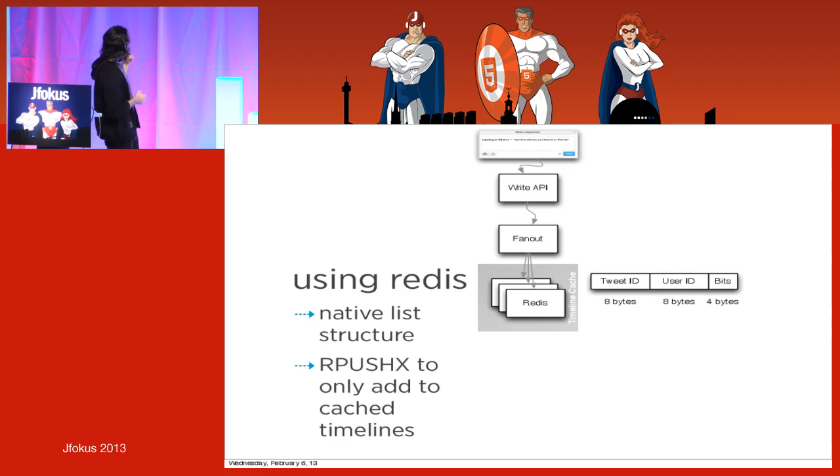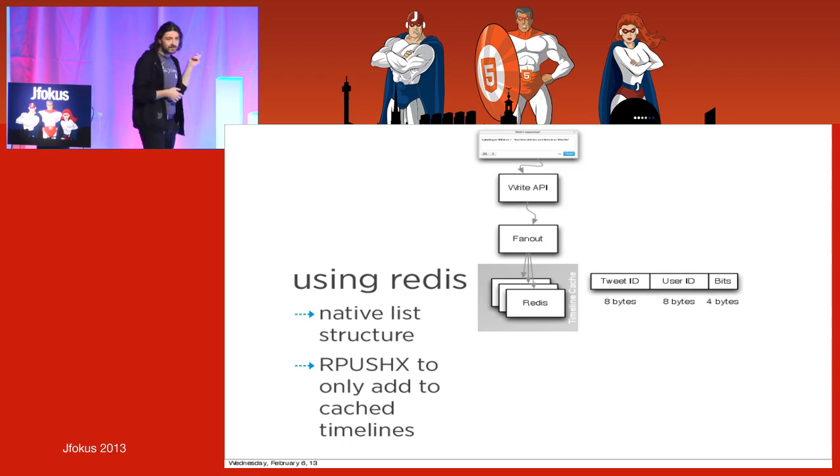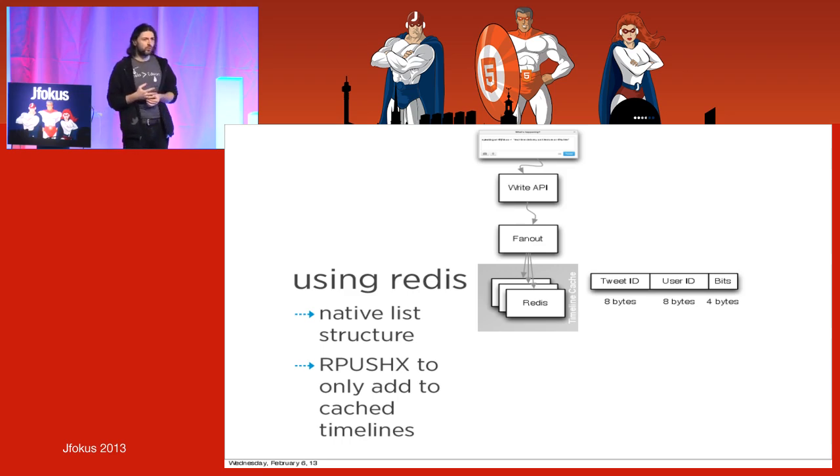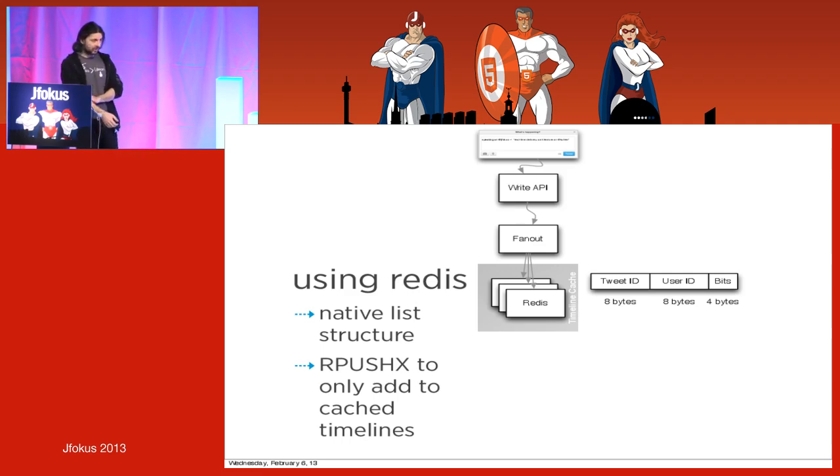We use the rpushx command, which basically in Redis means, if the key is not there, ignore this command. So we are not doing any work for those people whose timelines are not cached. And whose people's timelines are not cached? Well, people who are inactive. So if you haven't logged into Twitter for a long time, your timeline will eventually fall out from the cache, because Redis is an in-memory thing.